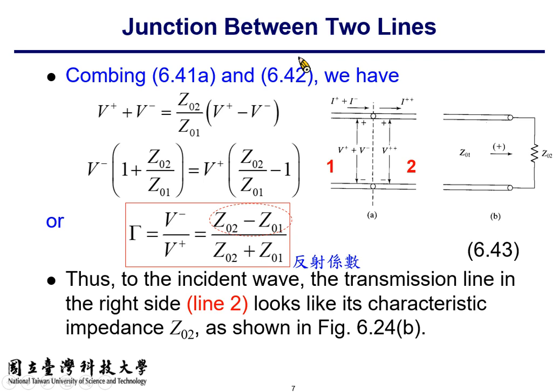So it will be Z sub 02 minus Z sub 01 divided by the sum of the two characteristic impedances. The order in the numerator matters, and the order in the denominator is important too. If you mess up the order, you will end up with the wrong negative sign, which will lead to incorrect results in your following calculations. So again, don't mess up the order of the characteristic impedances. 那个顺序不要记错了。All right.